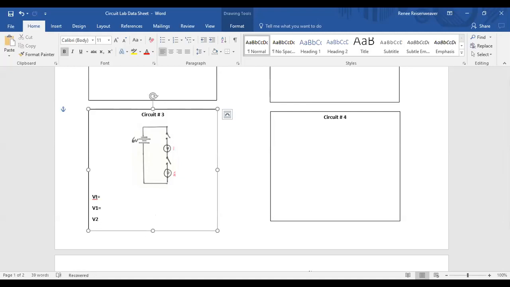And then I'm going to write down the current, capital I total, which means the battery. And then I'm going to record the current through bulb 1, and the current through bulb 2. Okay, so that's how I'm setting up my data sheet.